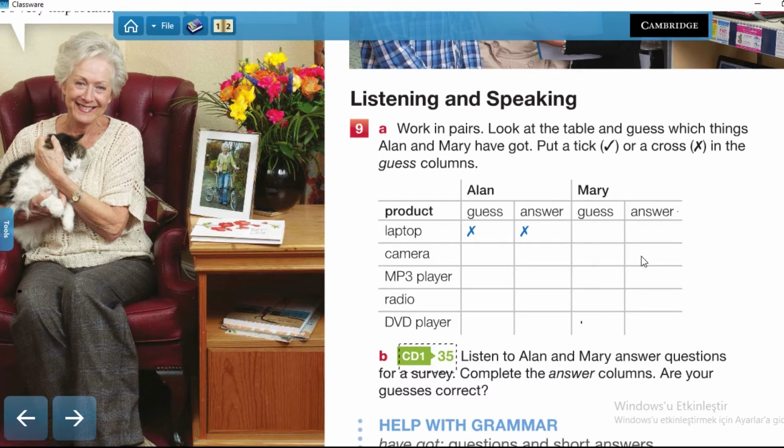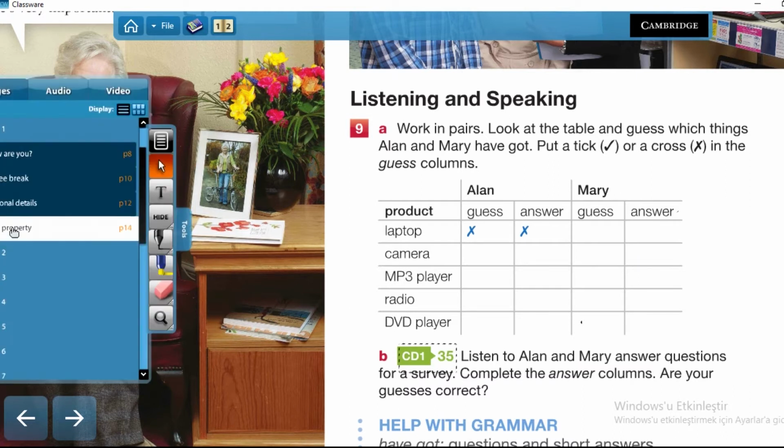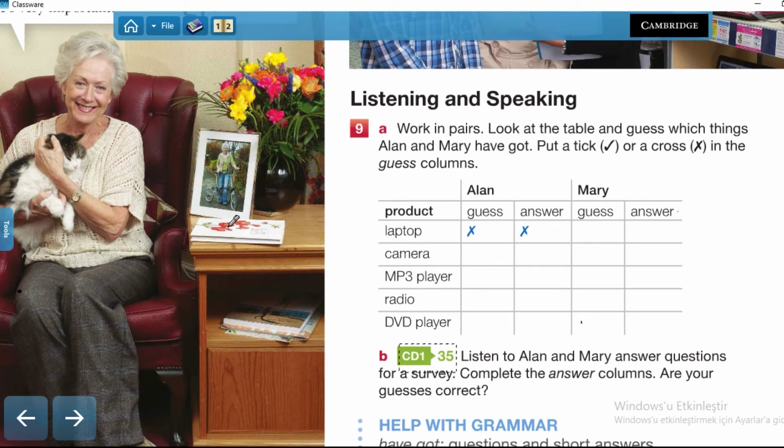I think she hasn't got a laptop. So, if no, you put a cross. How about camera? Have you got a camera? I think Ellen hasn't got a camera. So, you put a cross. How about Mary? I think Mary hasn't got a camera. So we put a cross. How about MP3 player?